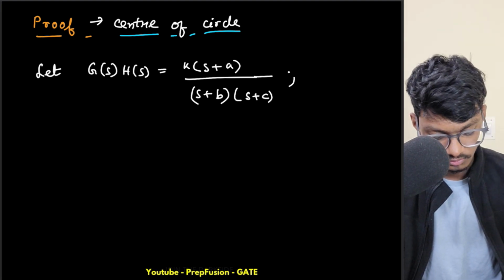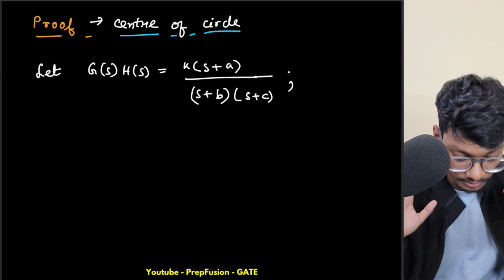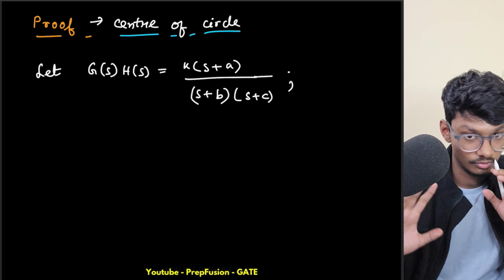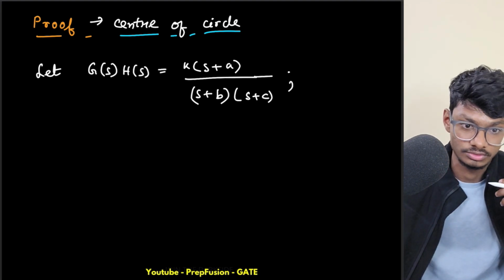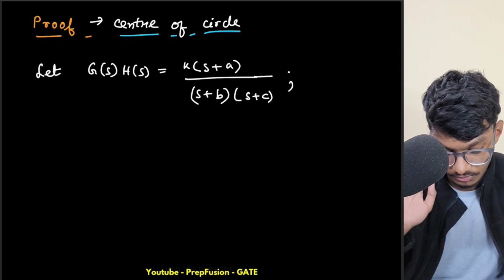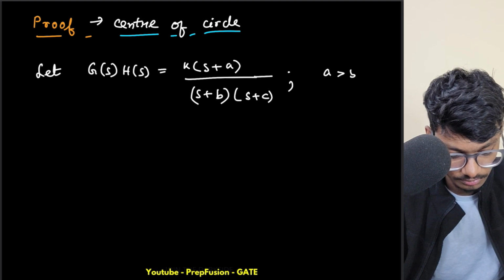Okay, now what is this? The first thing we have assumed, obviously, is on the leftmost zero, so we'll assume that a is lying on the leftmost side. So a is the leftmost zero, so a is greater than b greater than c.